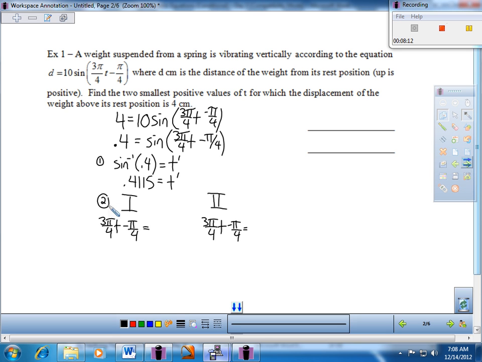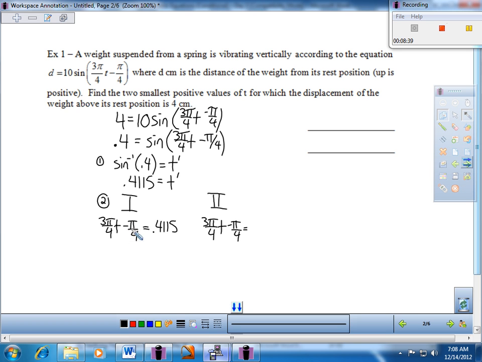I'm afraid there's not too much wiggle room here, but if you remember in quadrant 1, the good news is our reference angle is the angle. So in quadrant 1, the angle that has the sine ratio of 0.4 is this angle right here. That's the one in quadrant 1. If I did sine of this, it would give me this. Inverse sine of this gave me that.